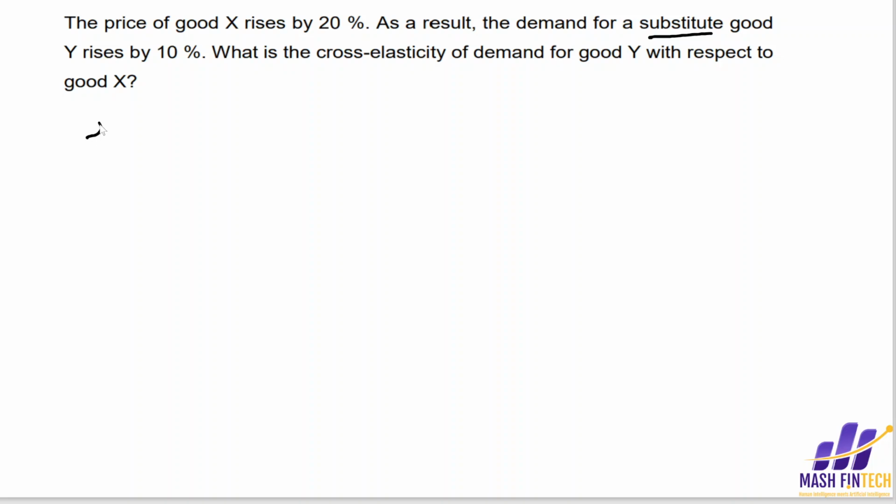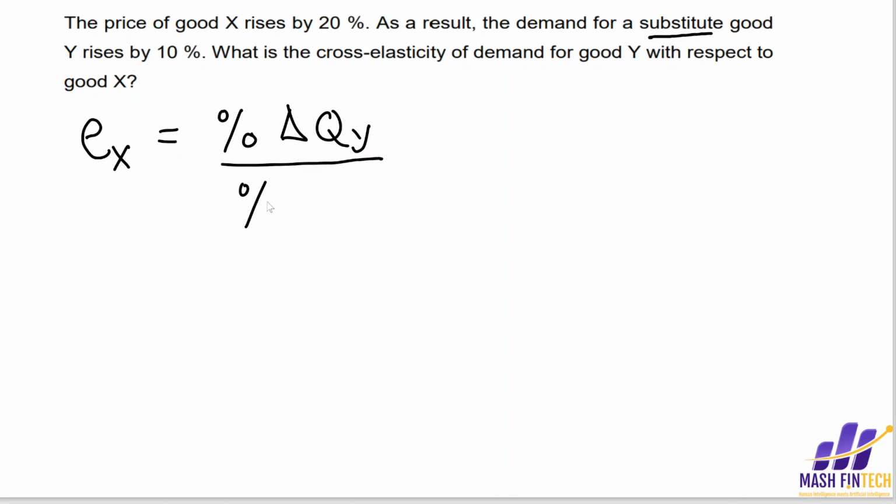Remember, the cross elasticity of demand is calculated as the percentage change in the quantity demanded of Y, divided by the percentage change in the price of good X. We want with respect to the price of good X. All right.